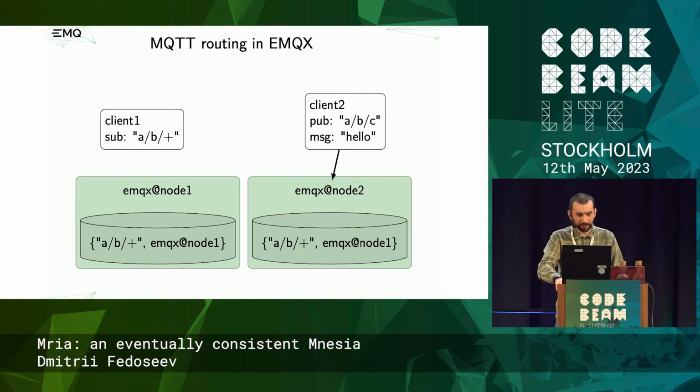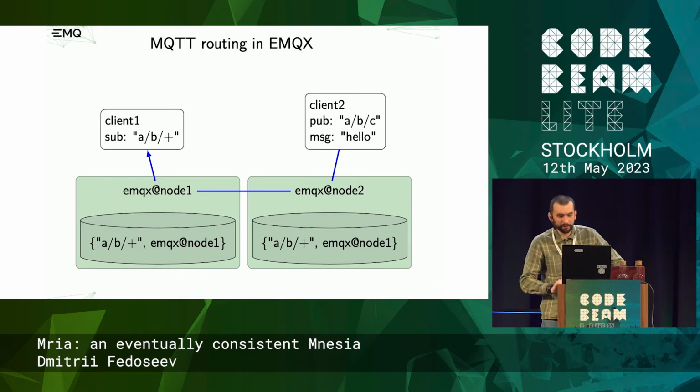Now we got another client. It connects to a different node and publishes a message to a topic. EMQX then does a very optimized ETS query, with indexes and whatnot, and finds nodes where this message should be routed to. The destination node then dispatches this message to the local clients that need it, and that's it.